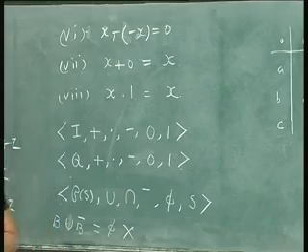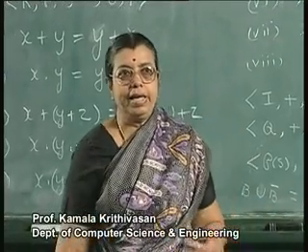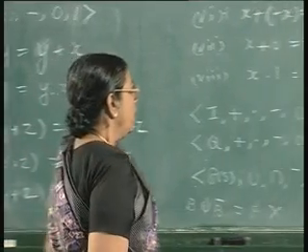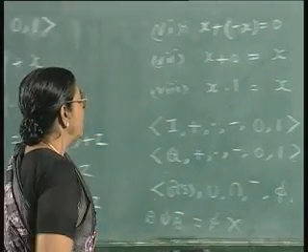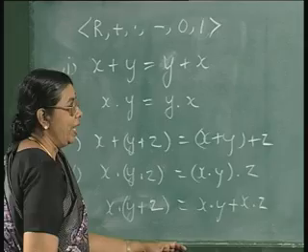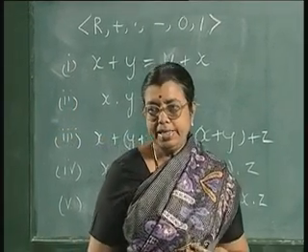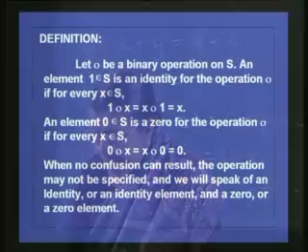When we want to consider algebraic structure, they have to obey the same set of axioms. So, I have been using the terms 0 element, 1 element, but let us see formally what are these 0 elements and 1 elements.